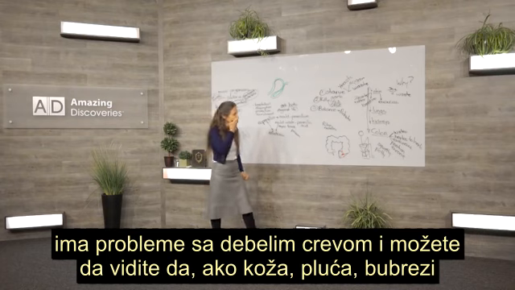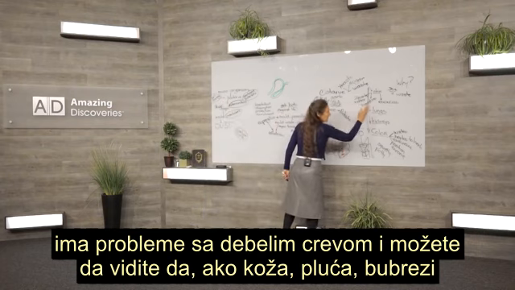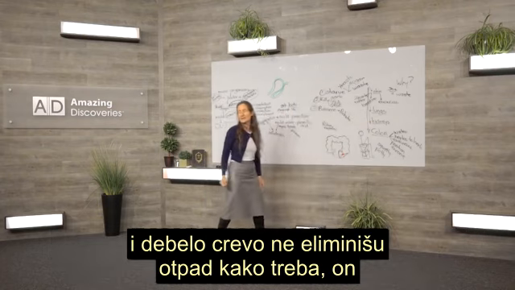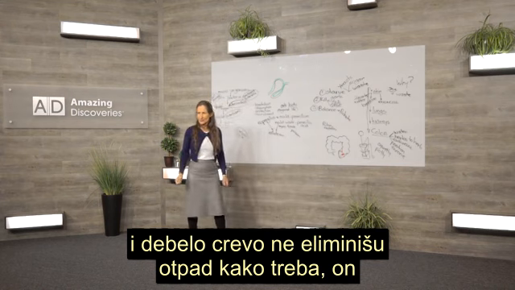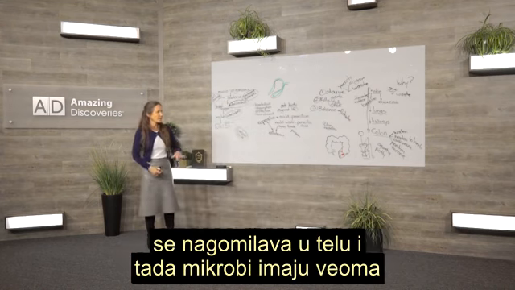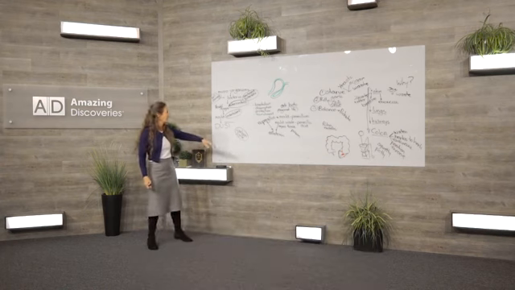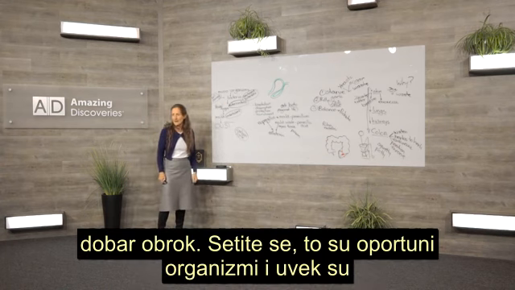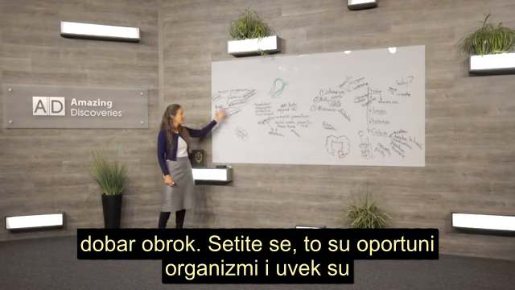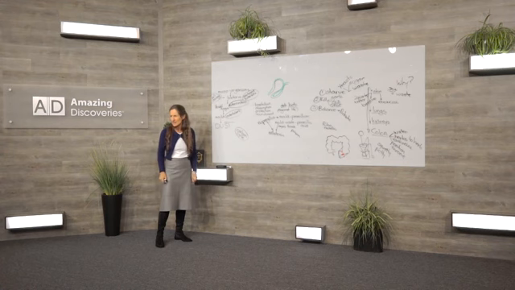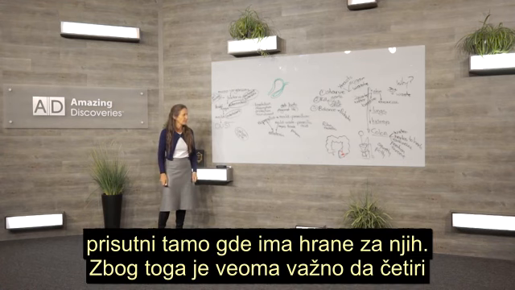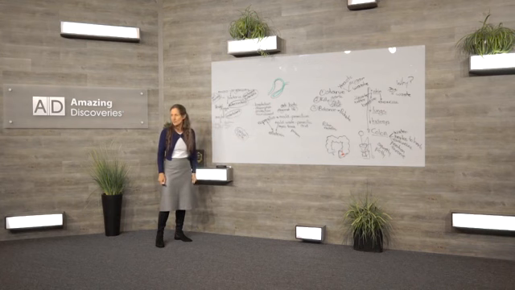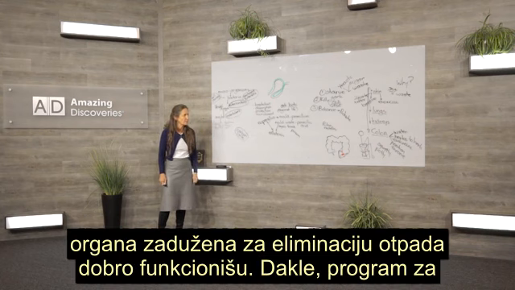And if the skin, lungs, kidneys and colon aren't eliminating as they should be, then waste builds up in the body, and these microbes have a very fruitful meal. Remember, they're just opportunist organisms, and they're going to be around where there's something to feed them. So it's very important that the 4 organs of elimination be working well.